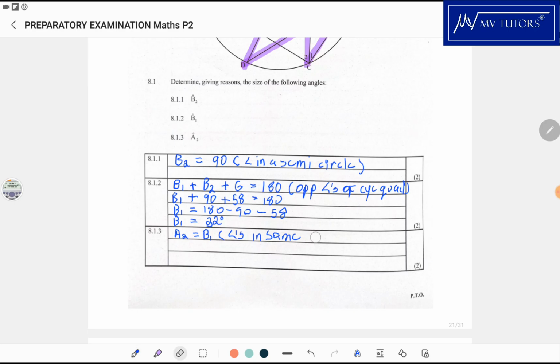Let me write it nicely, same seg. Therefore A2 is equal to B1, which is 32 degrees. Here the first one I forgot to put degrees. Now let's continue to the next question.